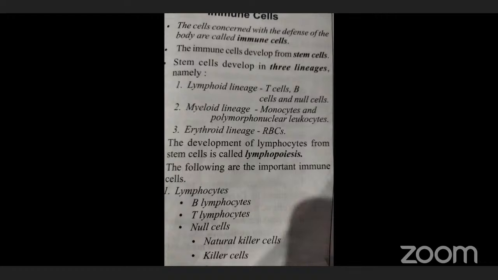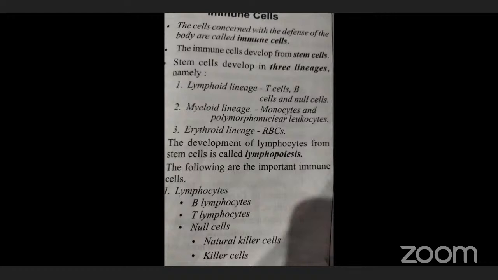The second cell is the macrophages. Already I told you macrophages are responsible for phagocytosis; we discussed it in yesterday's class also. The third are dendritic cells, eosinophils, basophils, neutrophils, antigen presenting cells, mast cells, platelets.